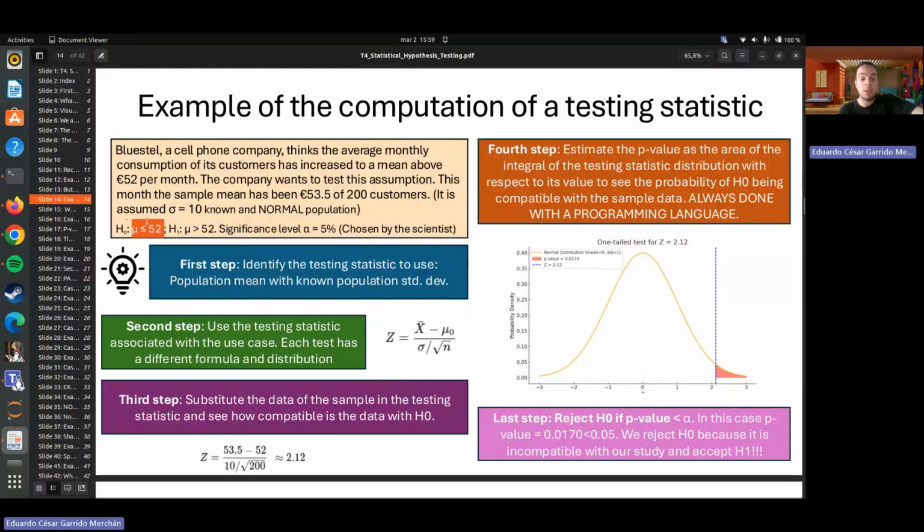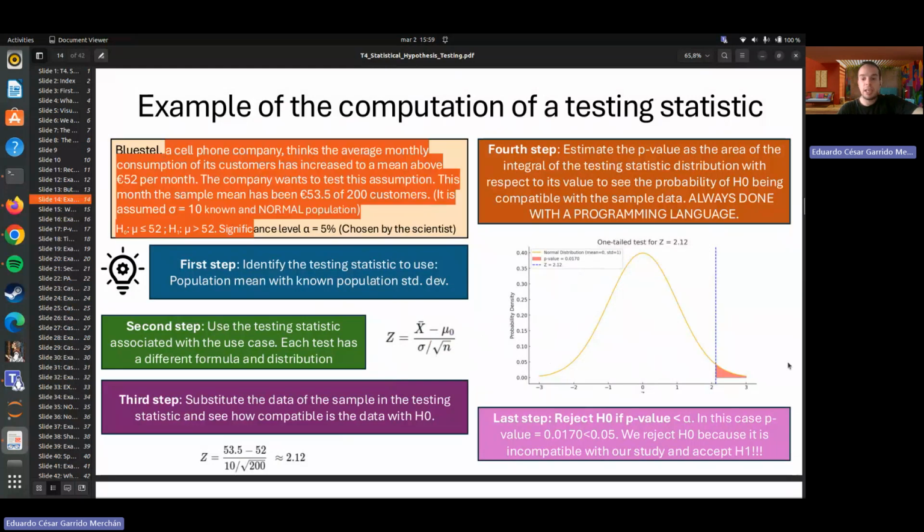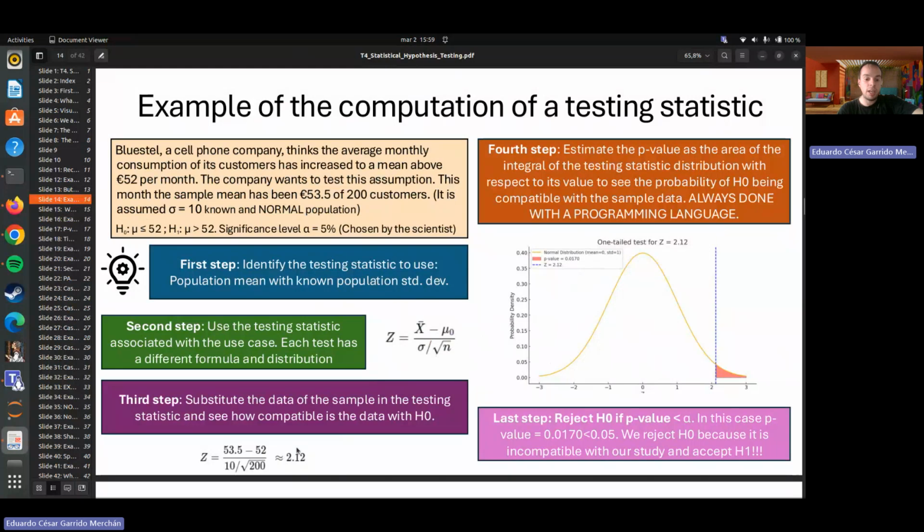However, if these signs were changed, the acceptance region would not be on the left, it would be on the right. And this is what you need to know, because it depends on every example whether we have the acceptance region on the right or on the left. So here in this case, the theta value is 2.12. So the p-value, that in this case is 0.017, is going to be the integral of the distribution from 2.12 to infinity.